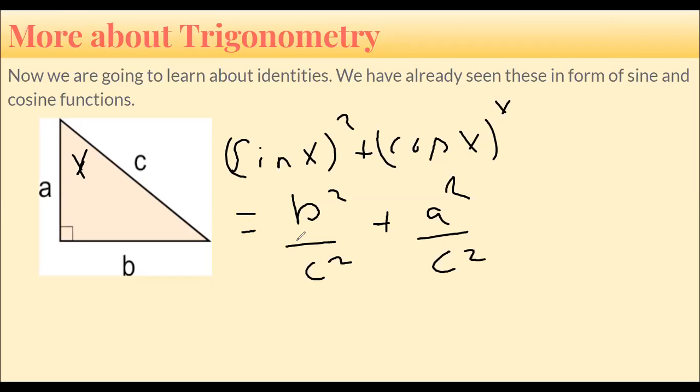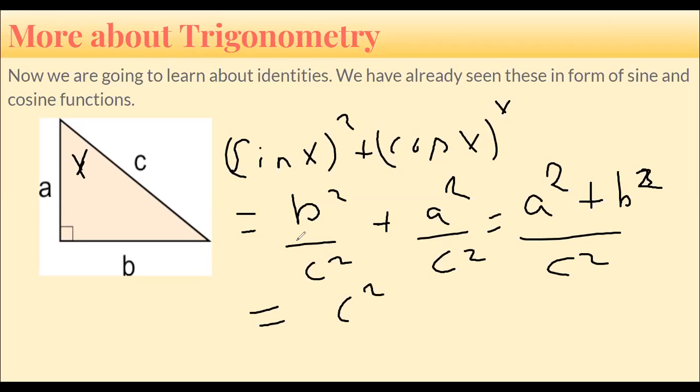Now we have common denominators, so we can add: a squared plus b squared over c squared. Now we know using the Pythagorean theorem that a squared plus b squared is equal to c squared. That would be c squared over c squared, that's 1.